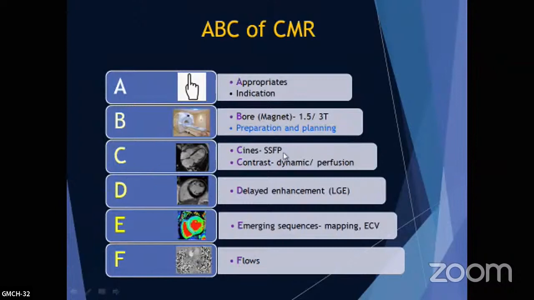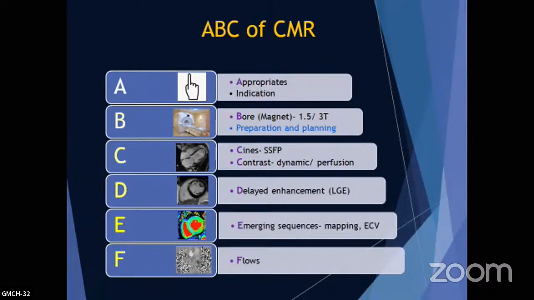Then C: the heart is a beating structure. So we need to have a fast cine sequence which can cope and take good pristine images without any deterioration. And then we have contrast and dynamic perfusion imaging. Delayed enhancement is for myocardial characterization. Then we'll see the emerging sequences, which are now giving a new insight into how we look at myocardium, something like getting new stains on histopathology.